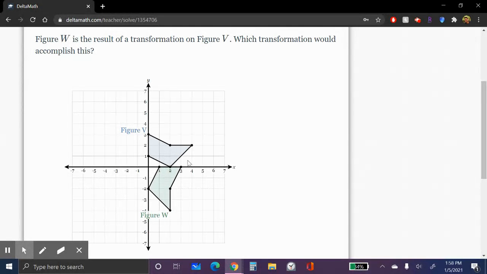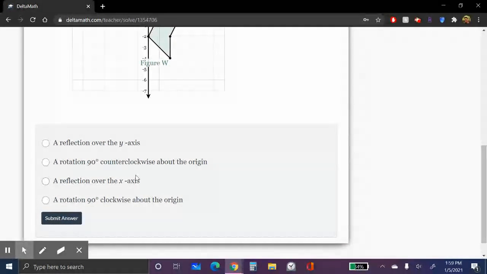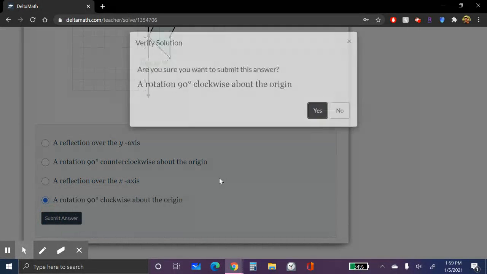It looks like it's being rotated to this quadrant. So you're going 90 degrees clockwise or 270 counterclockwise, because we know 90 and 270 could be the same thing depending on which direction you go. So it could be 90 degrees clockwise or 270 counterclockwise. Let's see. 90 degrees clockwise.